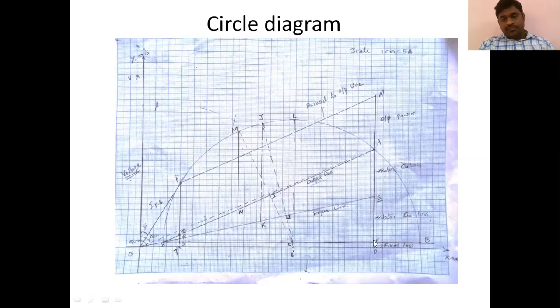That cuts the O dash B line at point F and the x-axis at point D. From A to D is your total losses, and F to D is the fixed loss. A to F is your total copper loss.